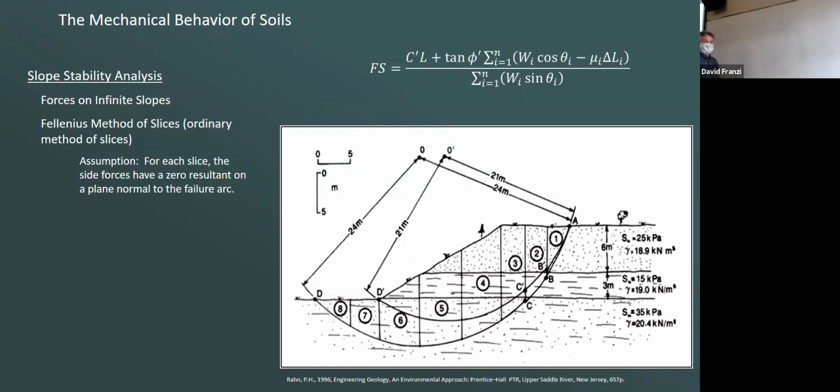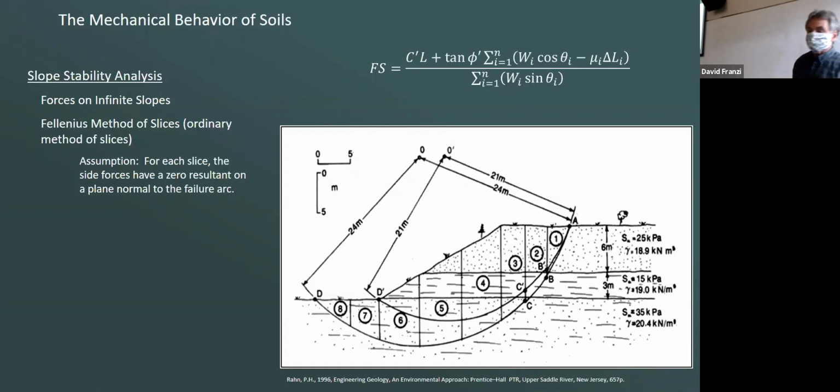In this case now, we're going to have 8 slices for the 24 meter radius. You notice here that we're along a circular failure surface. This is the Fellenius method. It's also called the simple method or ordinary method of slices.